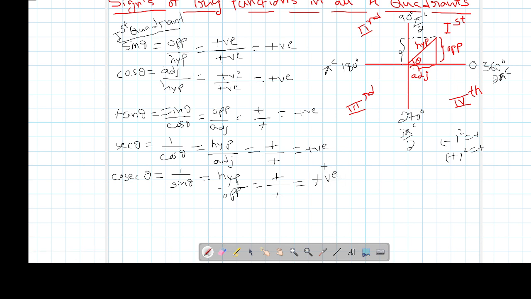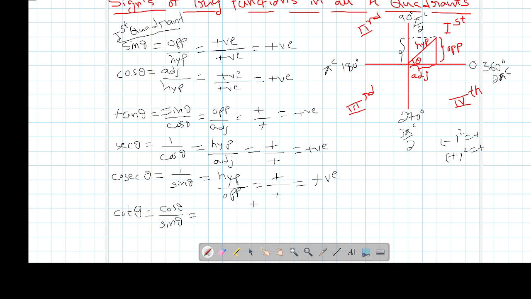Correct? So one more function is left over, which is cot theta. What is cot theta? By basic definition or by ratios of the trigonometric functions, it is cos theta divided by sin theta.